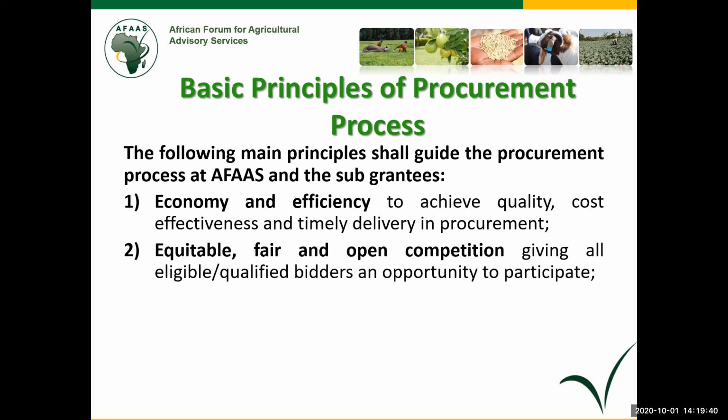The second principle is that we need to be equitable, fair, and as much as possible, open. That's why open competitive bidding is the most preferred method to obtain bidders.